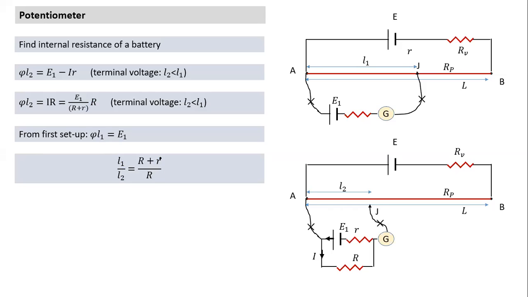From here, I can easily calculate the value of the internal resistance of the battery. So this is the setup. If you have a very direct question based on the formula, yesterday we were talking about question number 64 or something, that question was based on this. We can substitute and get an answer.